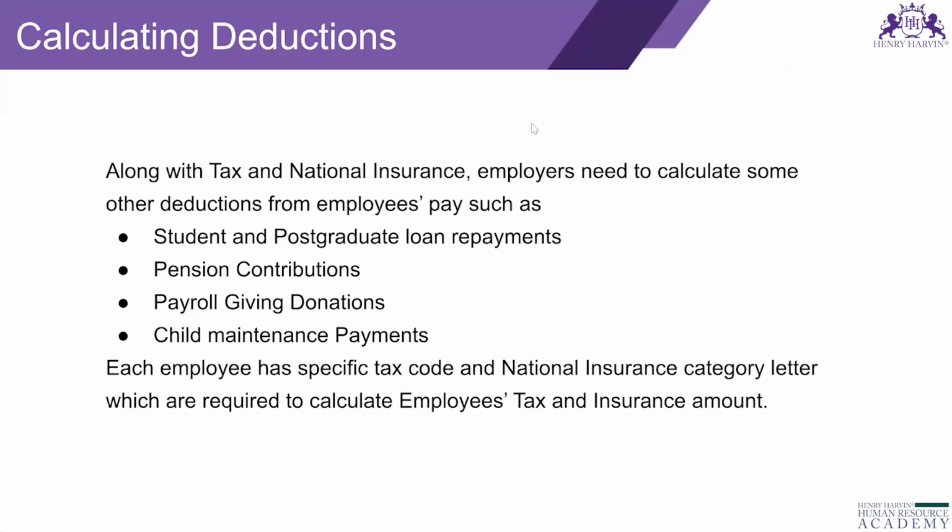Or if there is a death, maybe if the child is with in-laws, then the in-laws will be paid somehow by the parent who is separated, who is not taking care of the child. So this comes under court orders. The court will decide how much amount needs to be deducted from the employee's salary, and they will inform HMRC and the employer. So the employer starts deducting this court order.